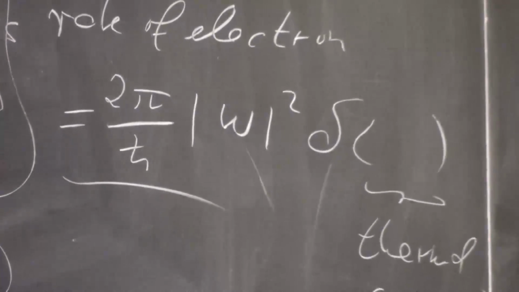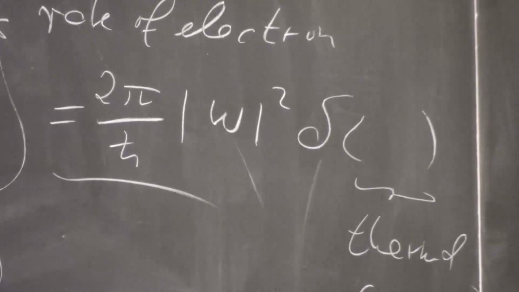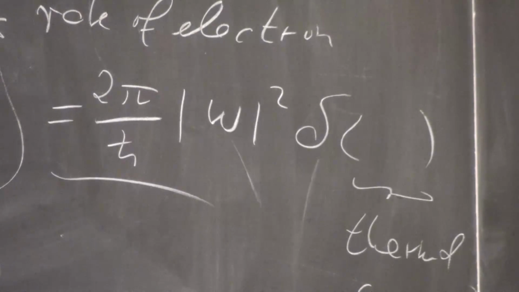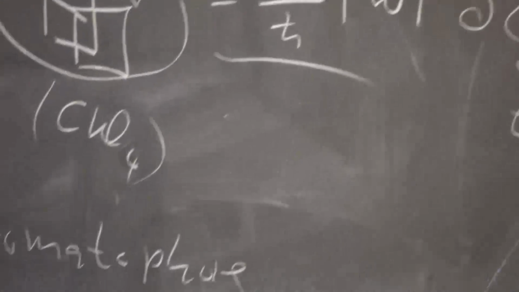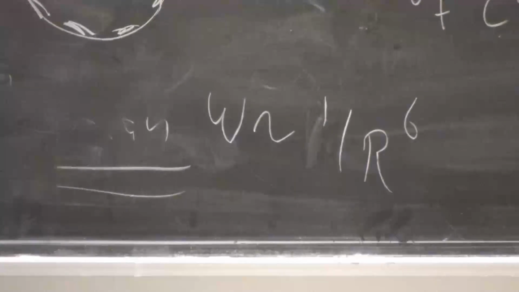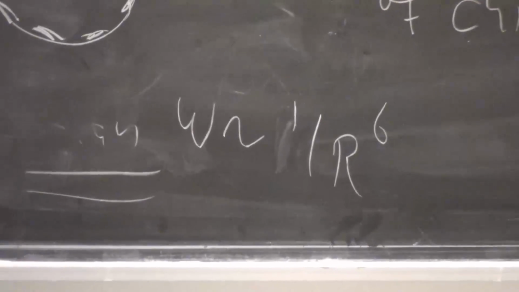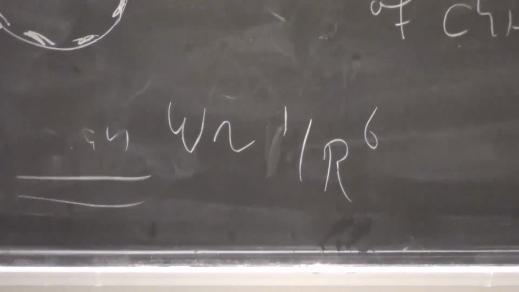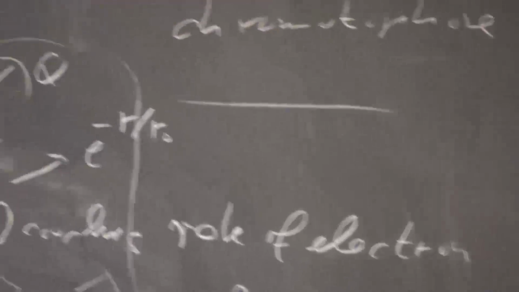Here we have W goes as 1 over r to the 6. Here this W goes as e to the minus r over r0. So it is an exponential decay because the electron tunnels, and there's a tunnel through areas where there's not enough energy, and so this is how the electron goes.